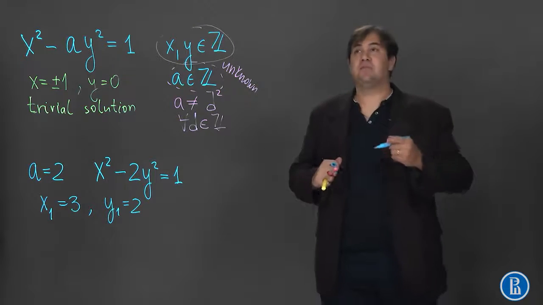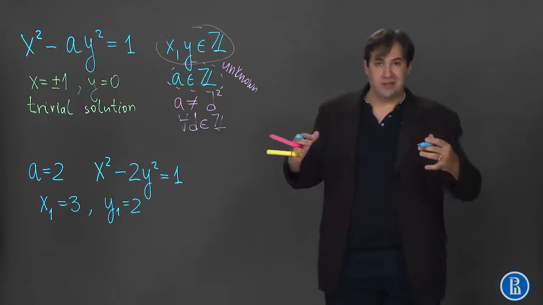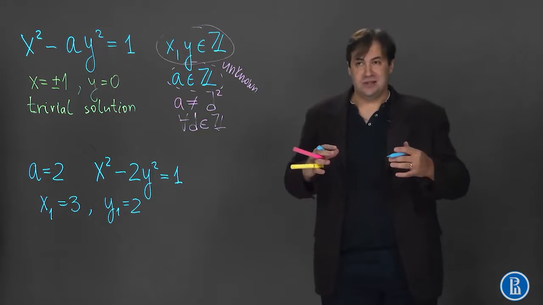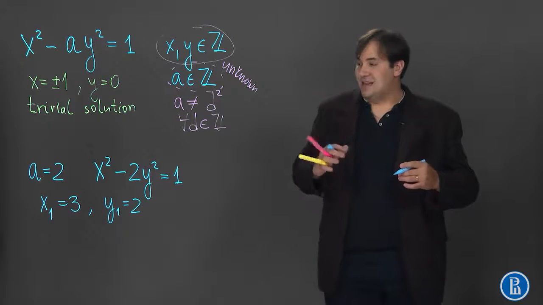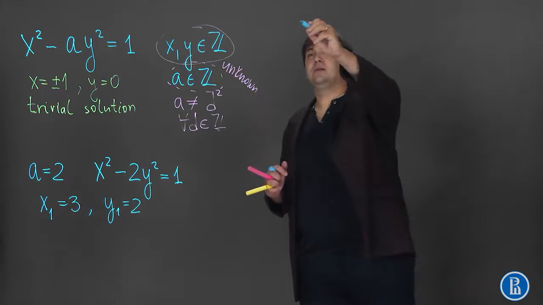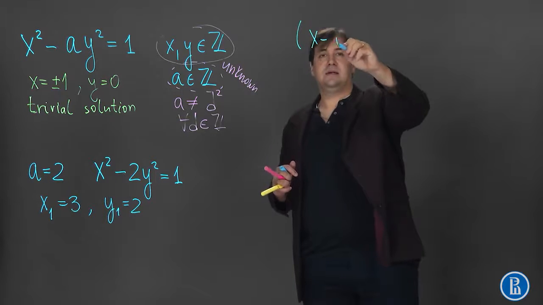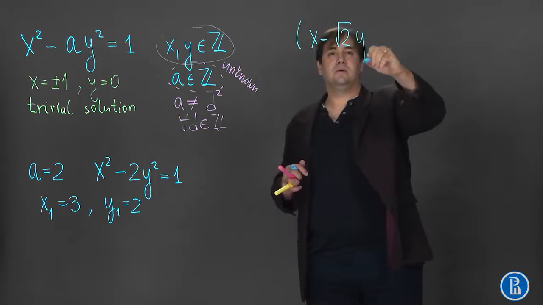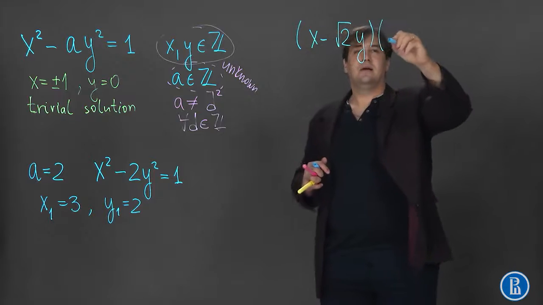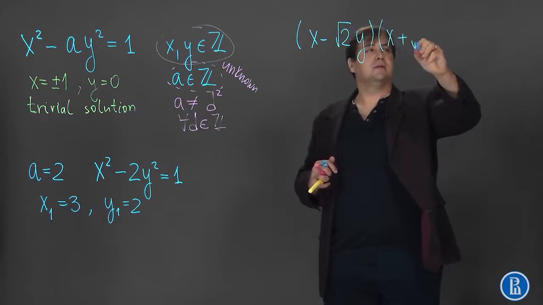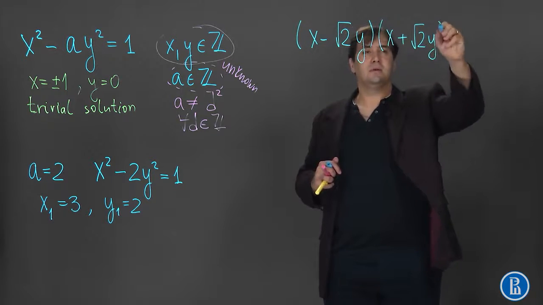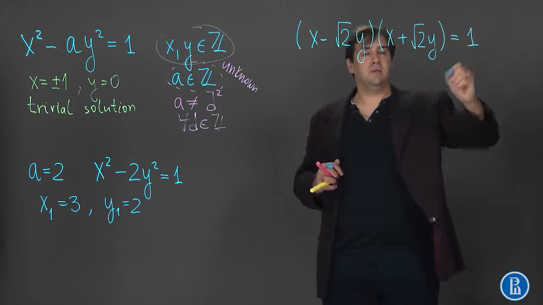But if we step out of the ring of integers and use even some irrational numbers, then the left-hand side can be decomposed as x minus square root of 2 times y and x plus the square root of 2 times y. So this should be equal to 1.